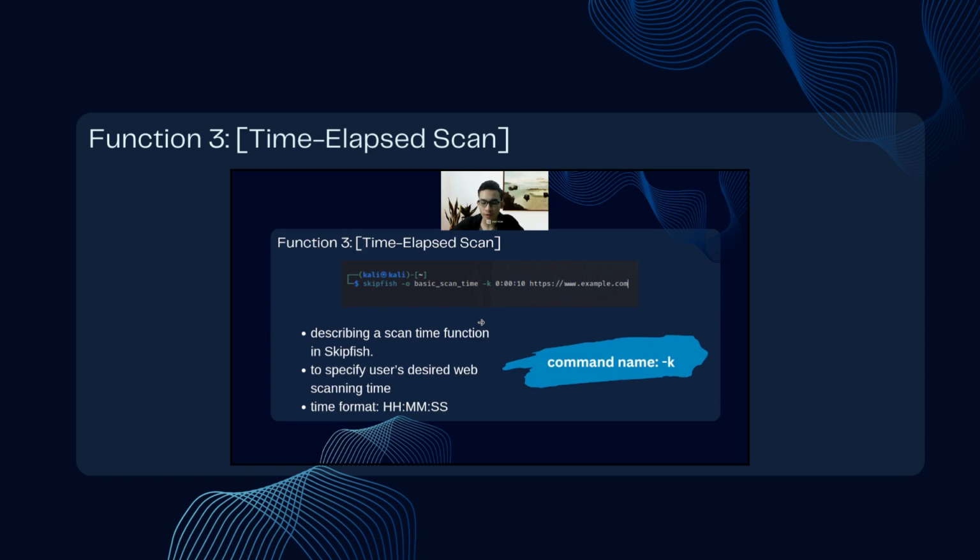Before using it, the user must follow the right format when entering the dash K command, by typing the dash K along with the specific time format, which is HH colon MM colon SS, representing hours, minutes, and seconds. Otherwise, the user may receive error messages and the time elapsed scan or the K option command will become faulty.